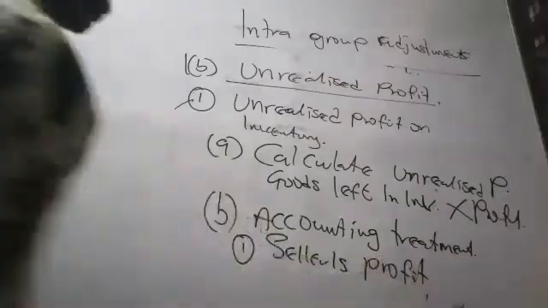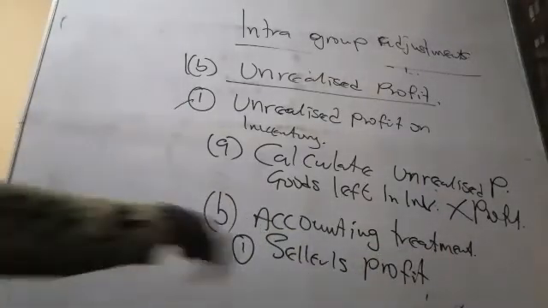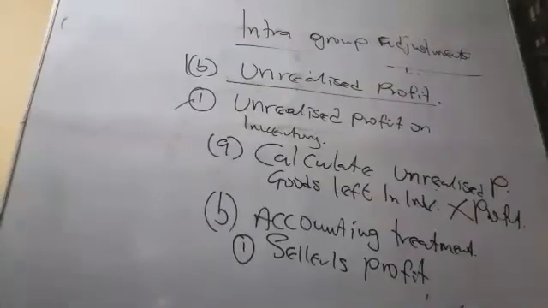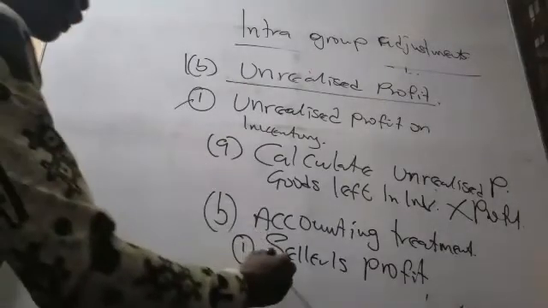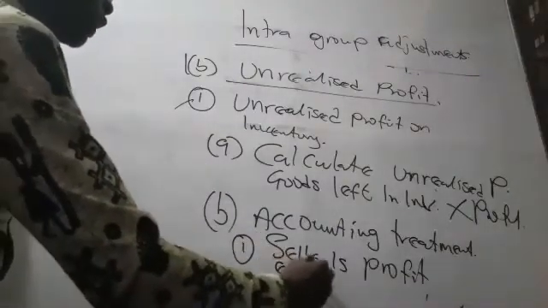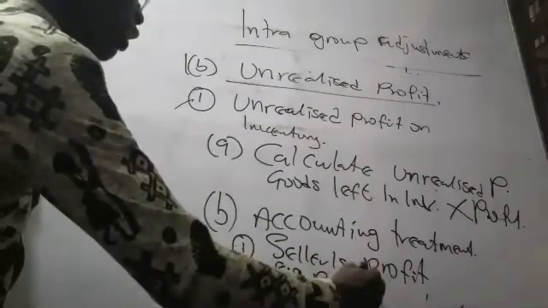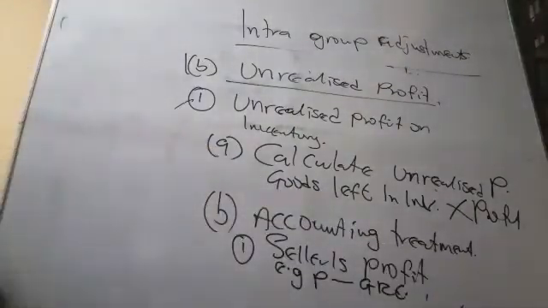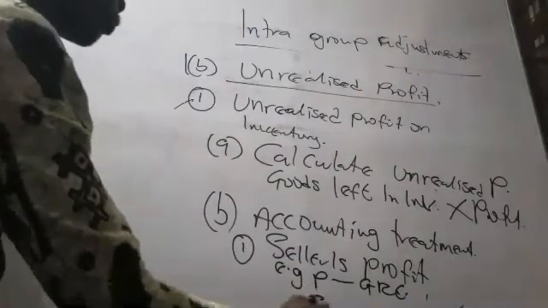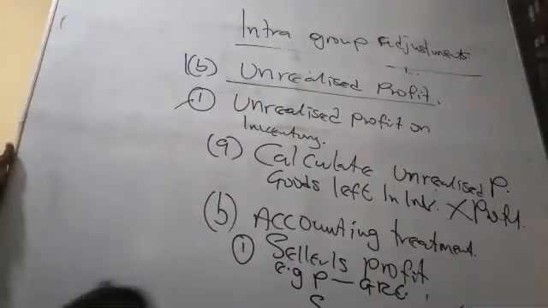So let's give an example. If it is a parent who made the sale, what is the parent's profit? It's in group retained earnings. Go there and subtract. You are done. If it is a subsidiary who made that sale, don't worry.